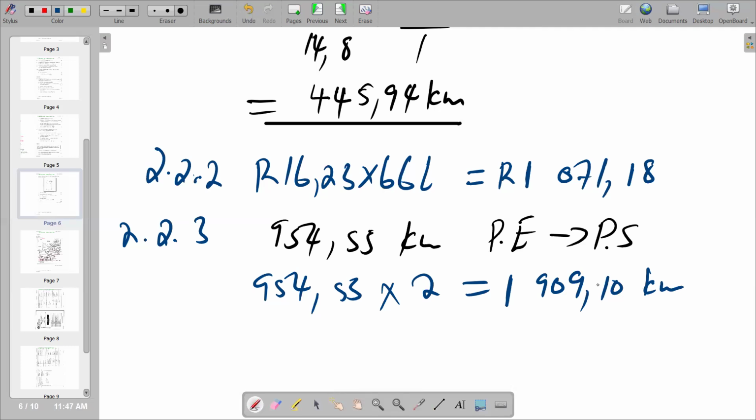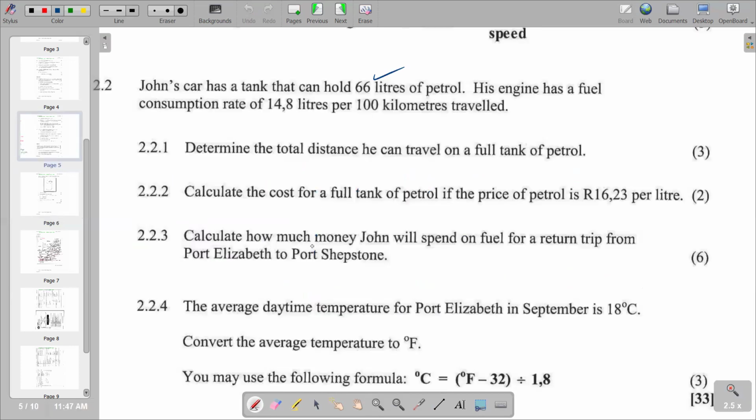This is what we want to convert now. Referring back to the question, we try to see how many liters are required for that distance.